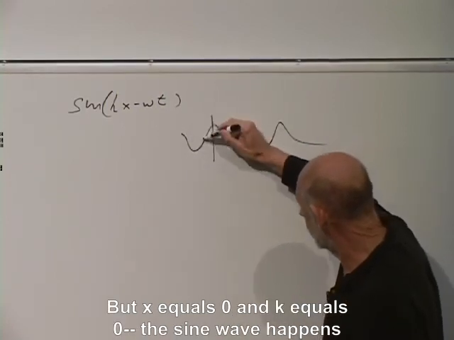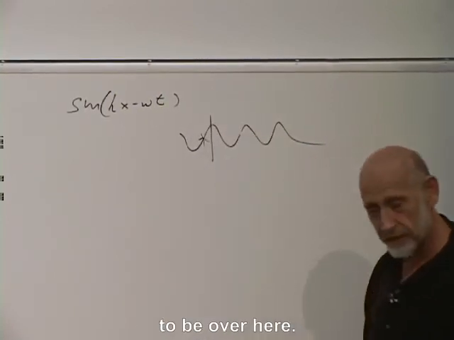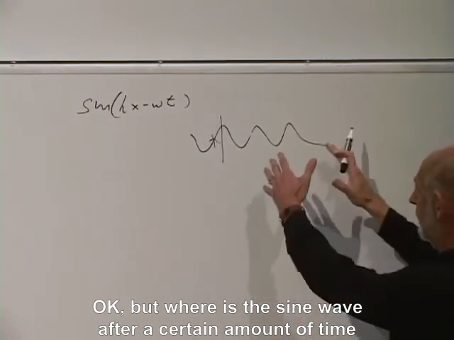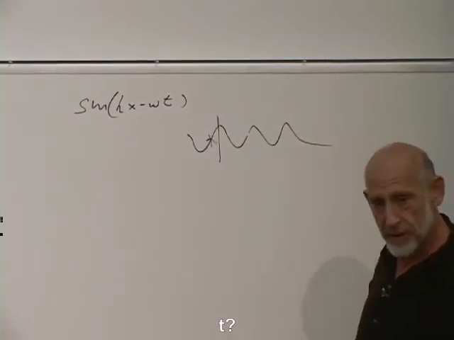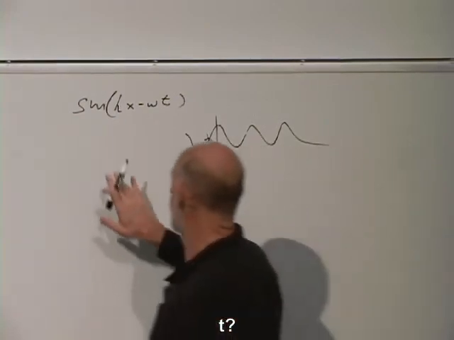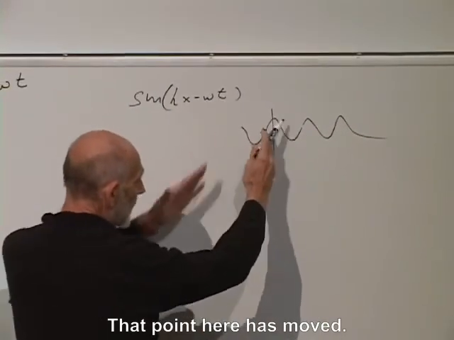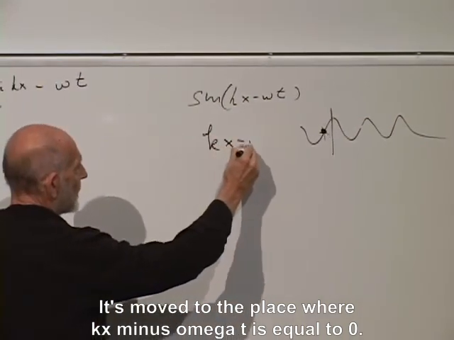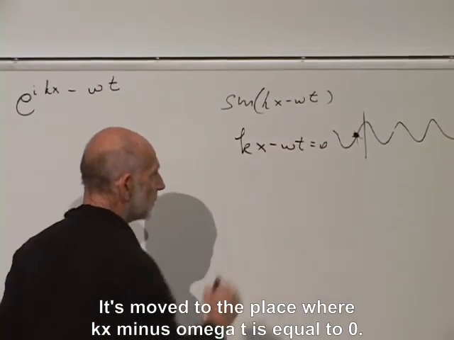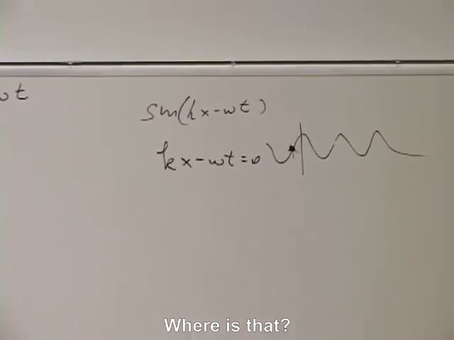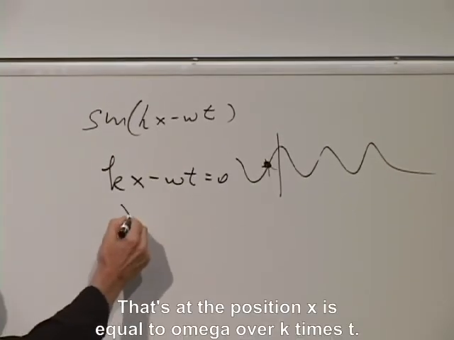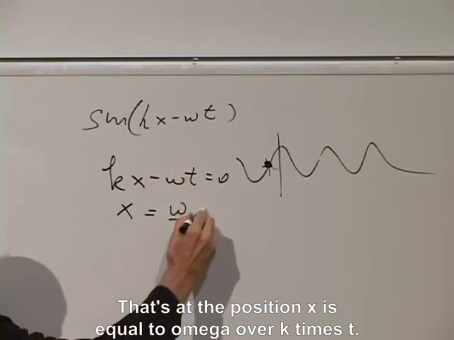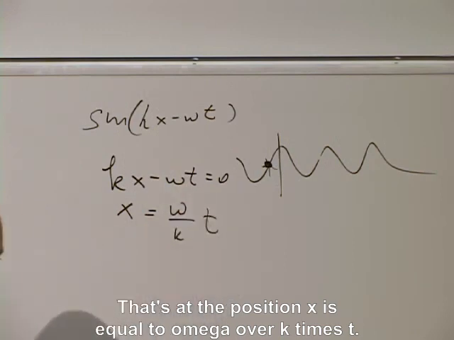But where is the sine wave after a certain amount of time t? That point here has moved to the place where kx minus omega t is equal to 0. Where is that? That's at the position x is equal to omega over k times t.